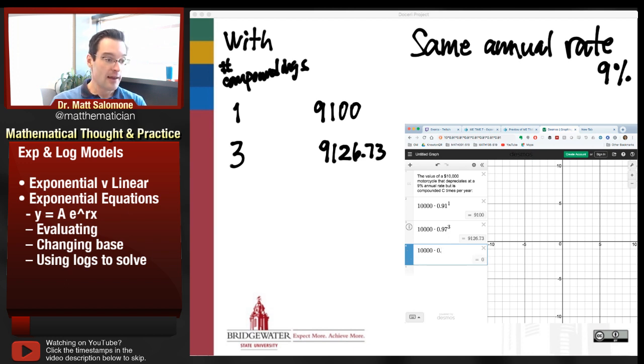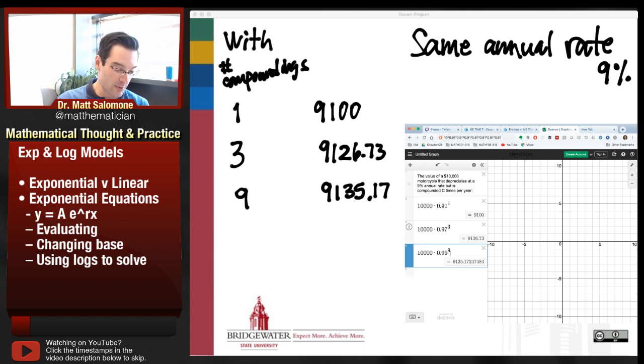Every time I take away 1%, the motorcycle is keeping 99%. And I have to do that 9 times throughout the year. If I do that, then with my 9 compoundings over the course of the year, the amount of value that this motorcycle retains is $9,135.17, if the number of compoundings is 9 throughout the course of the year.